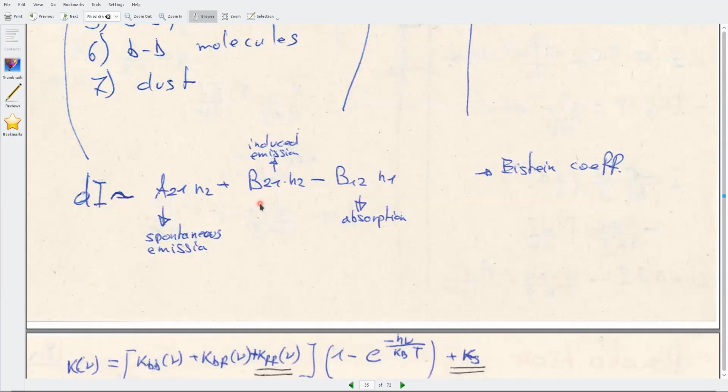And if this difference of energy arrives as a photon with the same exact energy, this interaction can cause the electron to decay to the lower level and emit a photon that is an exact copy of the photon that arrives. That is the principle used for the laser. And then there is absorption. This is called the Einstein coefficient. Einstein also worked with this stuff.